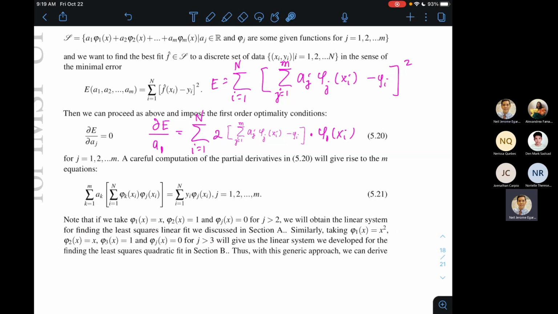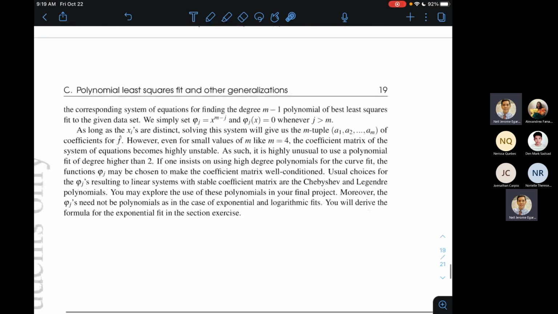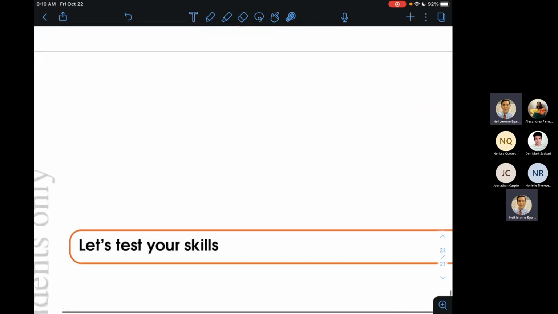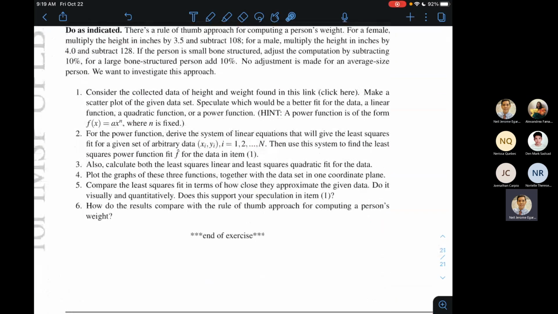All right? But again, this is more general because we can choose the psi's to be any differentiable function that we want. All right? And I think that is one thing that you were asked to do in the lab exercise. Parang dito sa first problem, kailangan daw gawin ay power function. Okay?